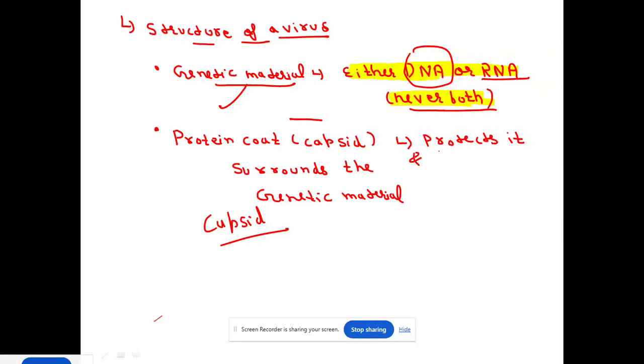So if a coat is there, its function will be what? Protection, to give the protection. I told you already that DNA or RNA is the genetic material, right? So this protein coat surrounds the genetic material.